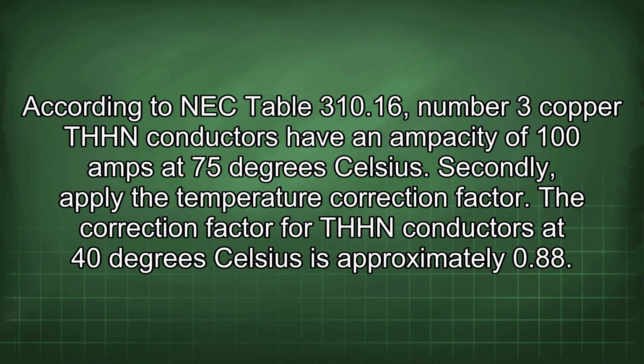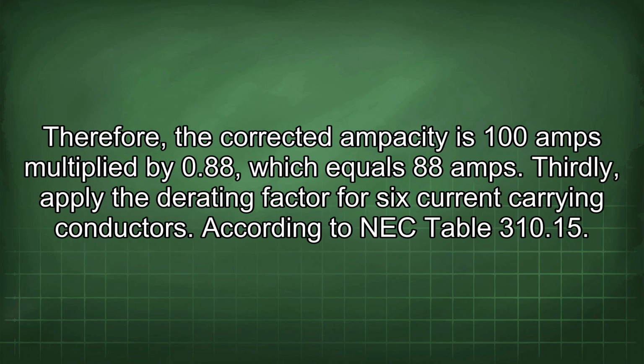Secondly, apply the temperature correction factor. The correction factor for THHN conductors at 40 degrees Celsius is approximately 0.88. Therefore, the corrected ampacity is 100 amps multiplied by 0.88, which equals 88 amps. Thirdly, apply the derating factor for 6 current-carrying conductors.